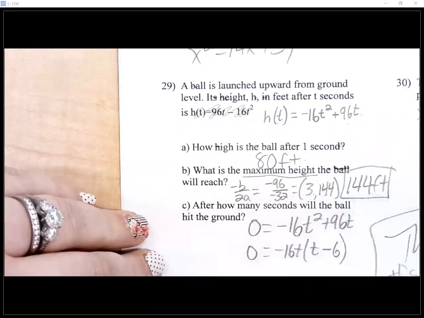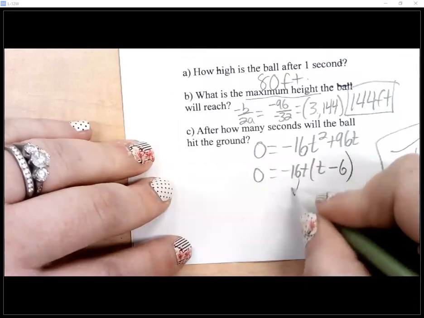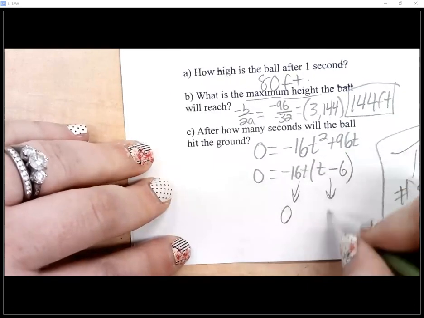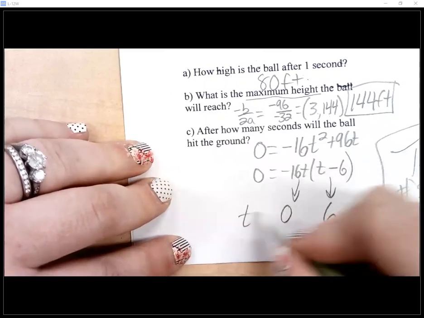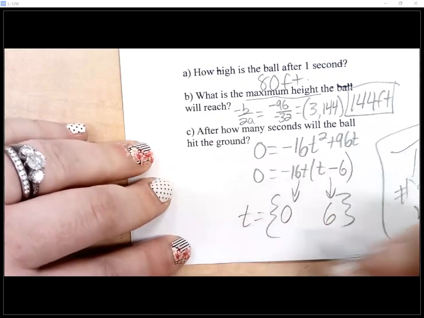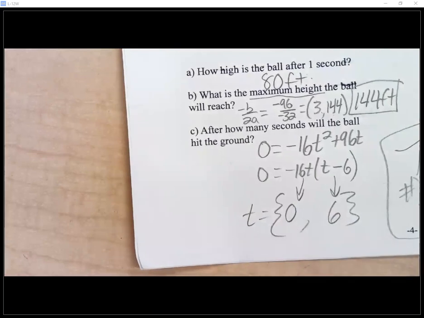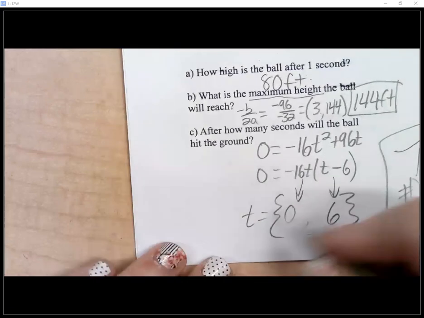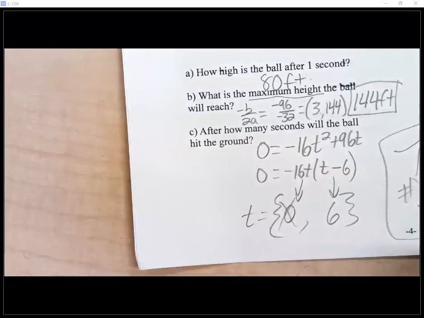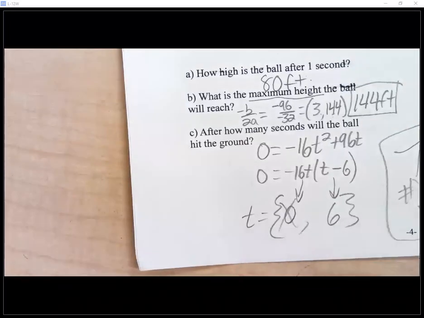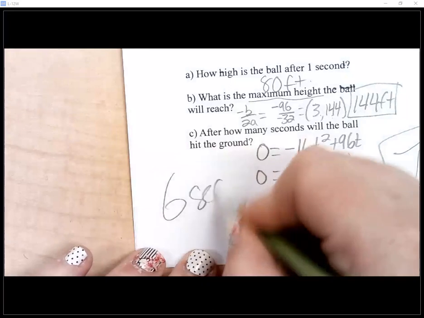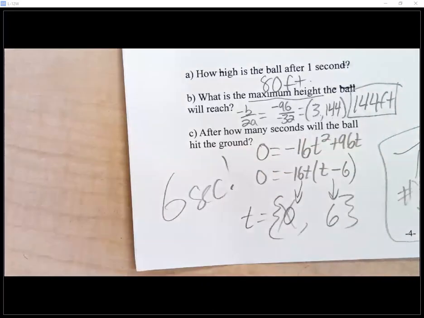So one of my answers is 0 and my other answer is 6. So this ball will be 0 feet above the ground at t equals 0 seconds and 6 seconds, which makes sense because 0 seconds is when it launches. So I'm not going to give that answer because that's not what it's looking for. It's going to hit the ground after 6 seconds. And there it is.